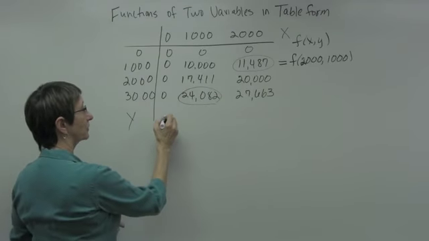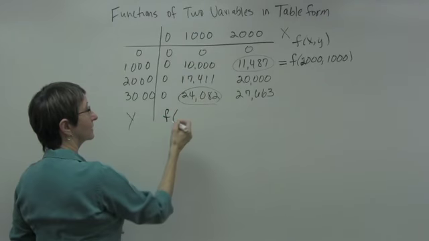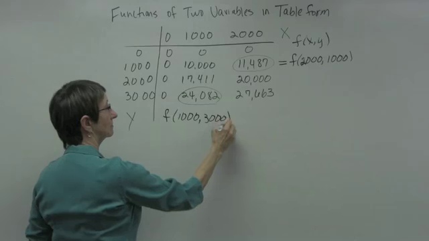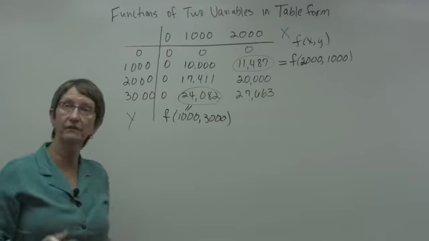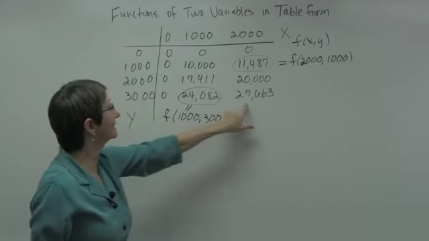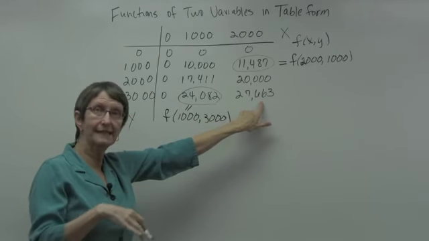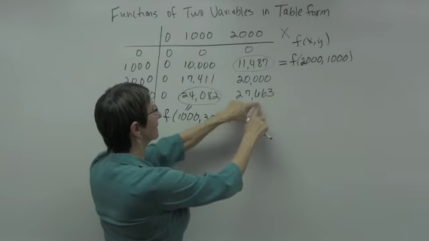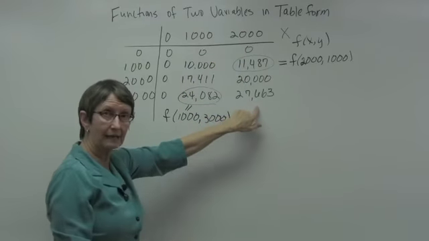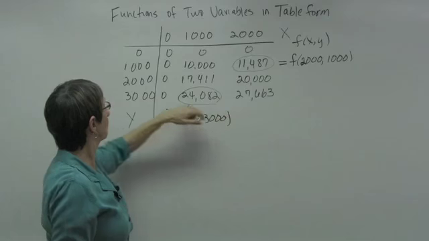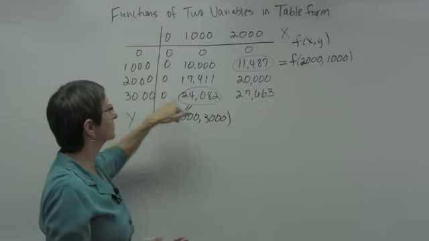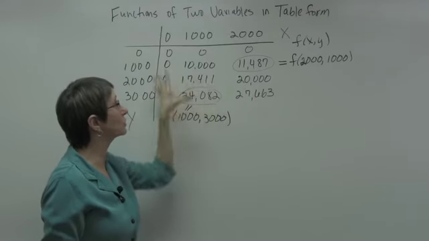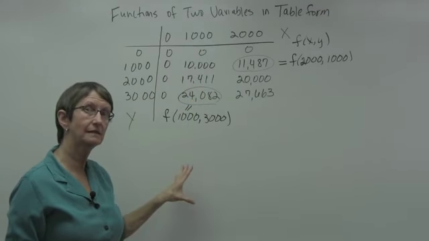This is the function value f of x is 1,000, y is 3,000. You may recognize this number from a previous example when we had newspaper and television ads. This value was S of 2,000 for x dollars spent on the newspaper, 3,000 y dollars spent on television advertising, and this was the resulting sales for the week. So this table should look similar, and you can find that in the lessons.